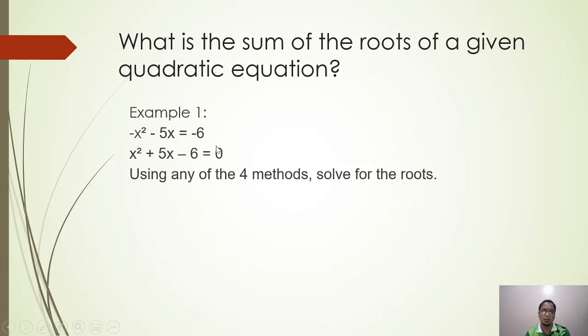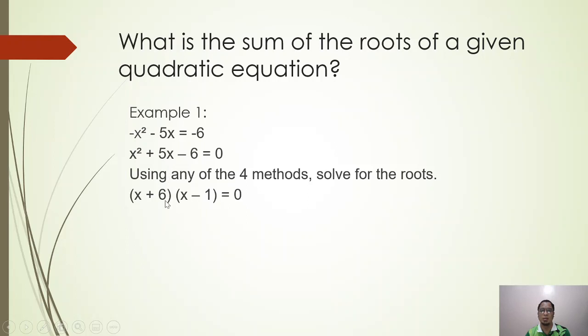So halimbawa, itong given natin, I use factoring. Paano nga ako nag-factor? Dahil 1 lang ito, pinaghiwalay ko, and then focus ako sa dulo. I'm going to find factors ng 6 na kapag sinubtract, 5 ang sagot.